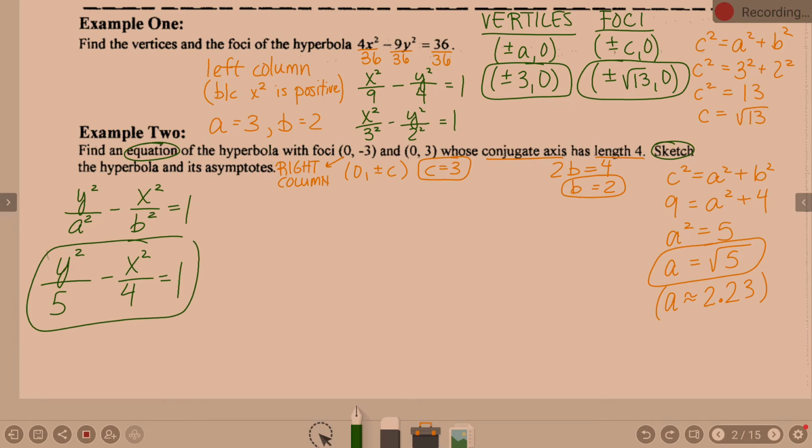I went ahead and went straight to 5 and 4. If you wrote square root of 5 squared and 2 squared, that's fine. I would suggest you clean it up for a final answer. Okay, I think we are ready to graph. I again tried to leave space in the center. This graph is centered at 0, 0.